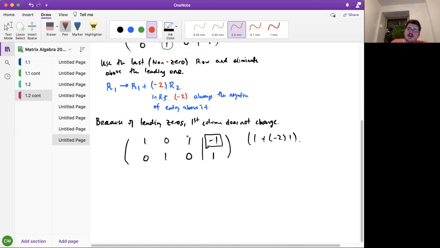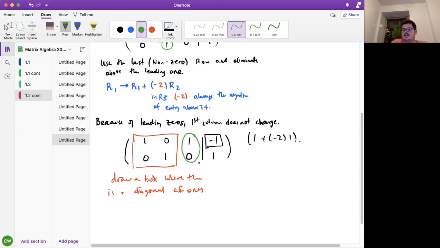Here's a neat little trick. First we can draw a little box of where there's a diagonal of 1s. Anything that's left over are free variables.